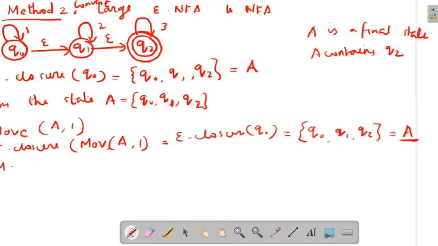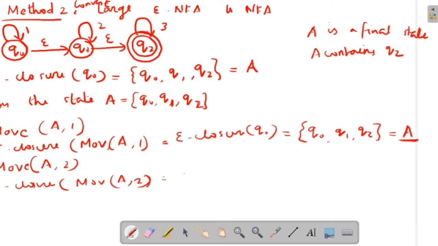Next we find move of A comma 2, which is epsilon closure of move A comma 2. From the state Q0, there is no transition over the alphabet 2. From the state Q1 there is a transition, and the next state is Q1. From the state Q2 there is no transition.